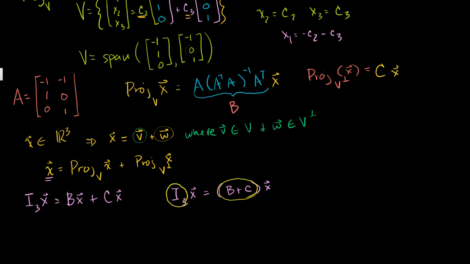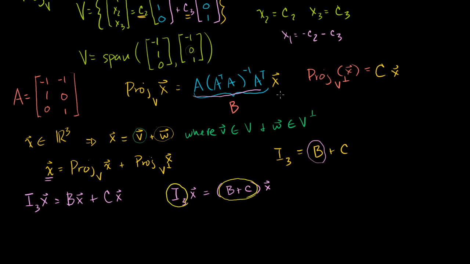So we get that the identity matrix in R3 is equal to the projection matrix onto V plus the projection matrix onto V's orthogonal complement. So the whole point of this problem is to solve for B.